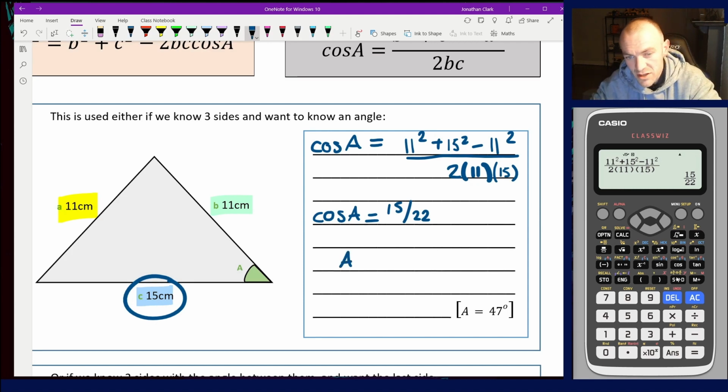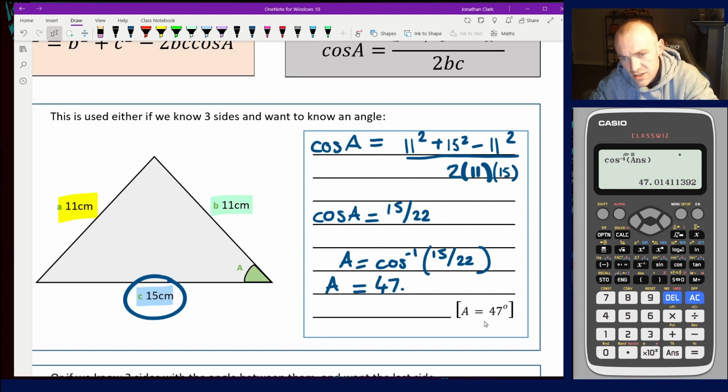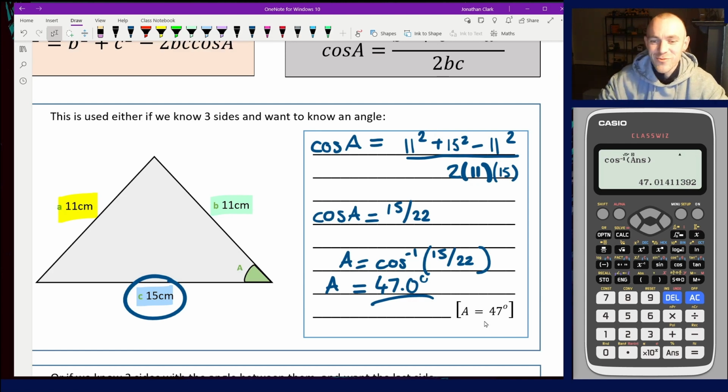We're going to need to use the inverse cosine function. Shift cosine. And I'm going to press answer on the calculator because it's got that fraction saved. And that indeed gives me the angle, 47.01 degrees, which will round to 3 significant figures there. Neat.